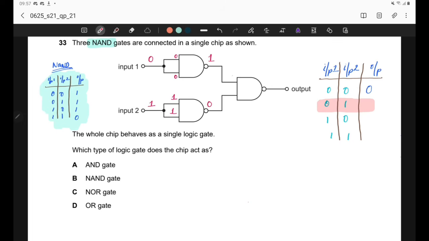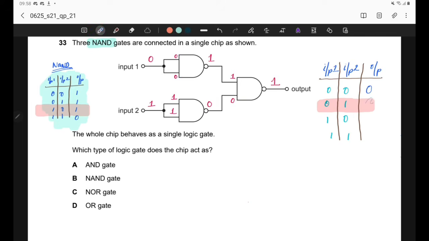For the third NAND gate, we have one input as 1 and the second input as 0. For a NAND gate, when the input is 1, 0, the output will be 1.